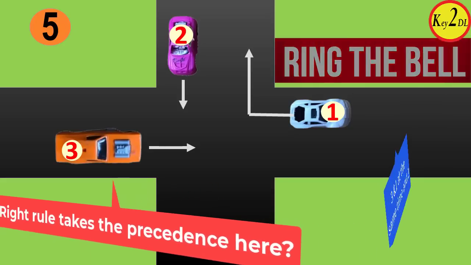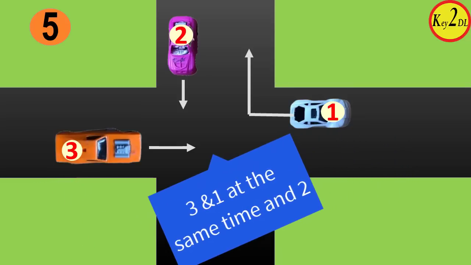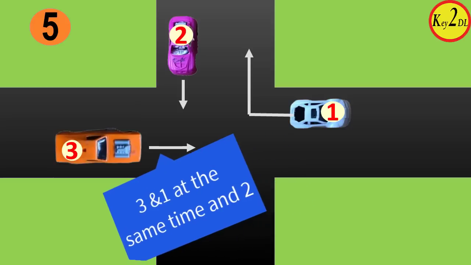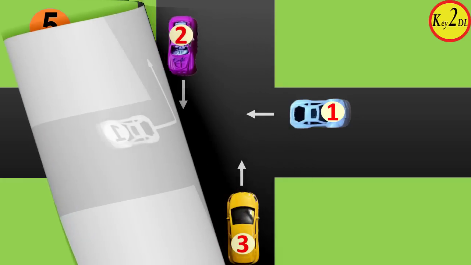In this situation car 3 should go first, or car 3 and 1 can go at the same time, and then car 2 has to wait, or car 2 should give way. So the final driving order is 3, 1 and then 2, or 3 and 1 at the same time and then 2. Car 2 is the last car to go in this particular junction.